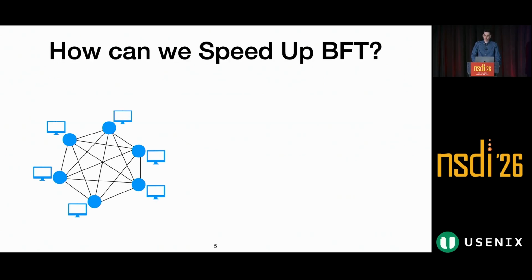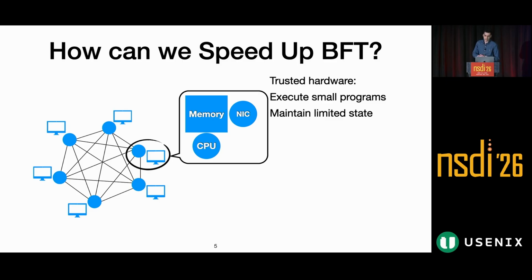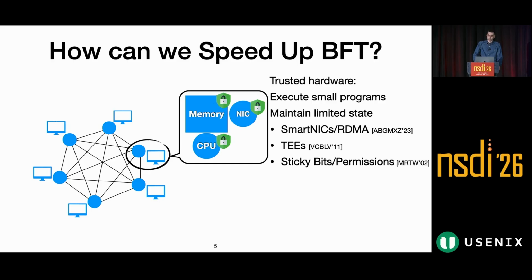One line of work that tries to speed up BFT uses trusted components. These are a piece of hardware that can execute small programs or maintain limited state outside the control of the attacker. Just to give you a few examples, that could be a smart NIC, a trusted execution environment, or sticky bits in memory.